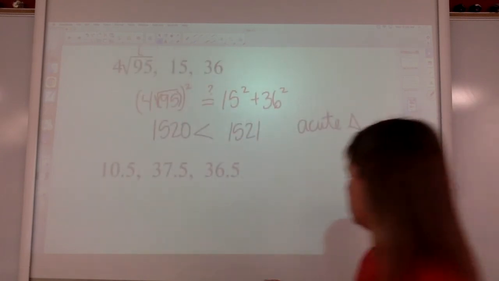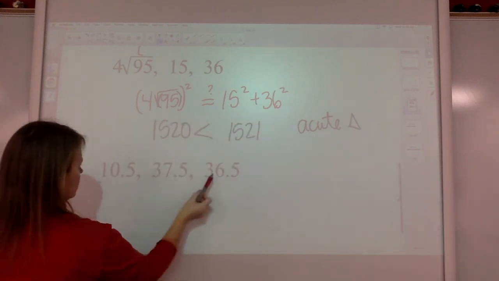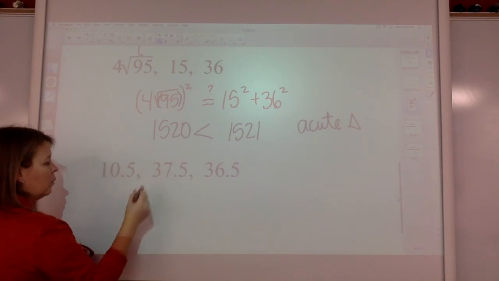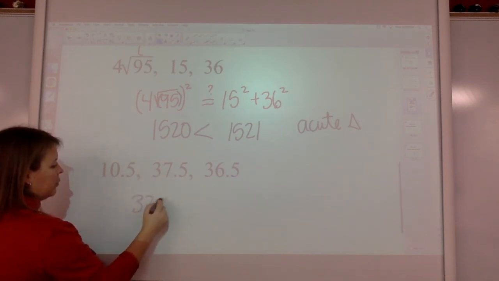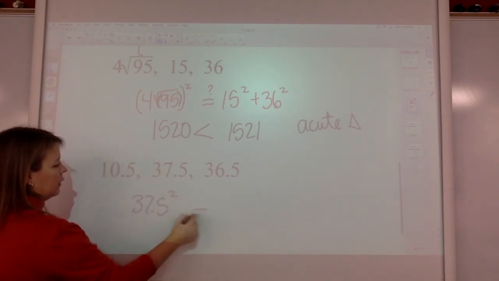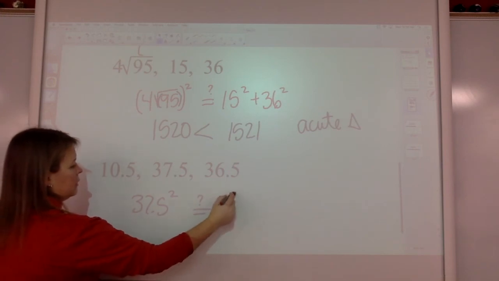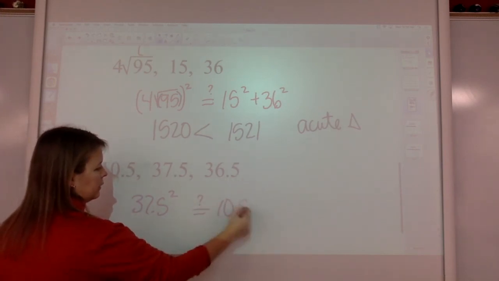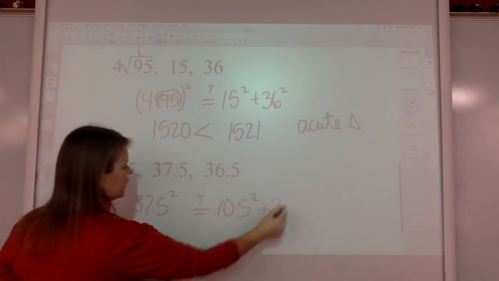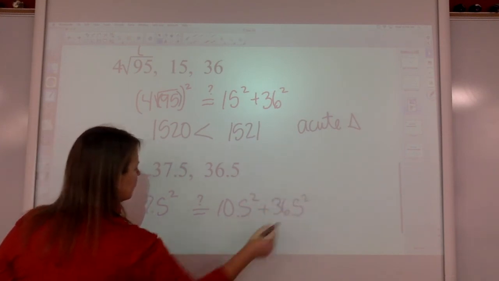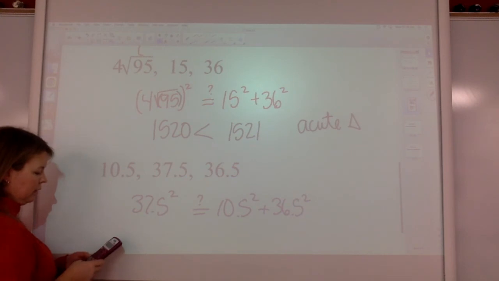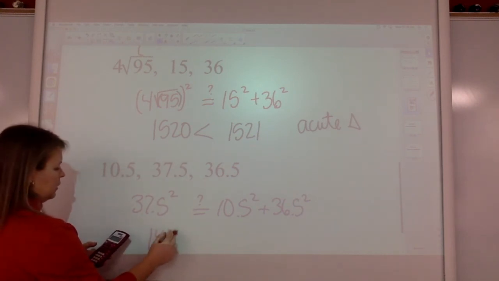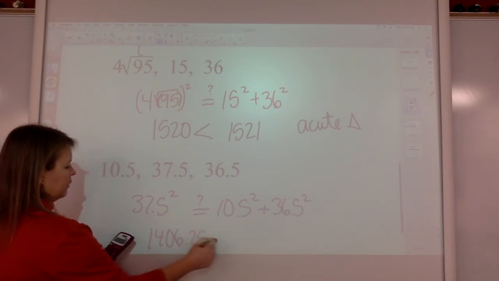Decimals, check your decimals. Are the two smaller sides bigger than the third side when you add it up? Yes. What's your third side? 37.5 squared. How does that compare to A squared, which is 10.5 squared, plus 36.5 squared? 37.5 squared, you get 1406.25.